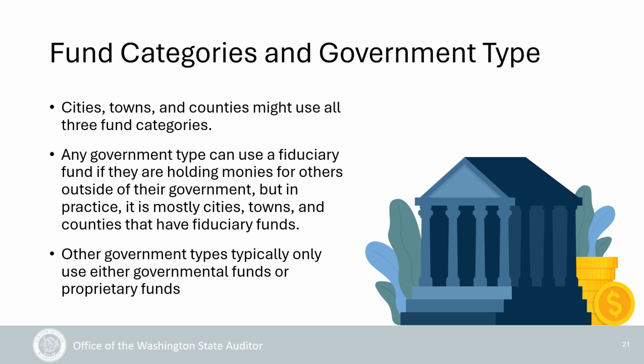Other government types typically only use either governmental funds or proprietary funds, depending on the purpose of the government and how they receive their support. Any government type can use fiduciary funds, but generally we only see fiduciary used by cities, towns, and counties due to the collection of monies for other governments.